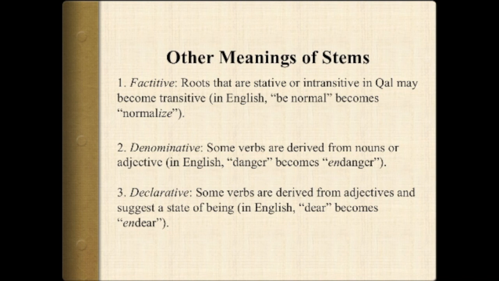It becomes a verb by the use of the prefix en. Similarly, some verbs are derived from adjectives and suggest a state of being. So in English, dear can become, by the use of the prefix en, endear.